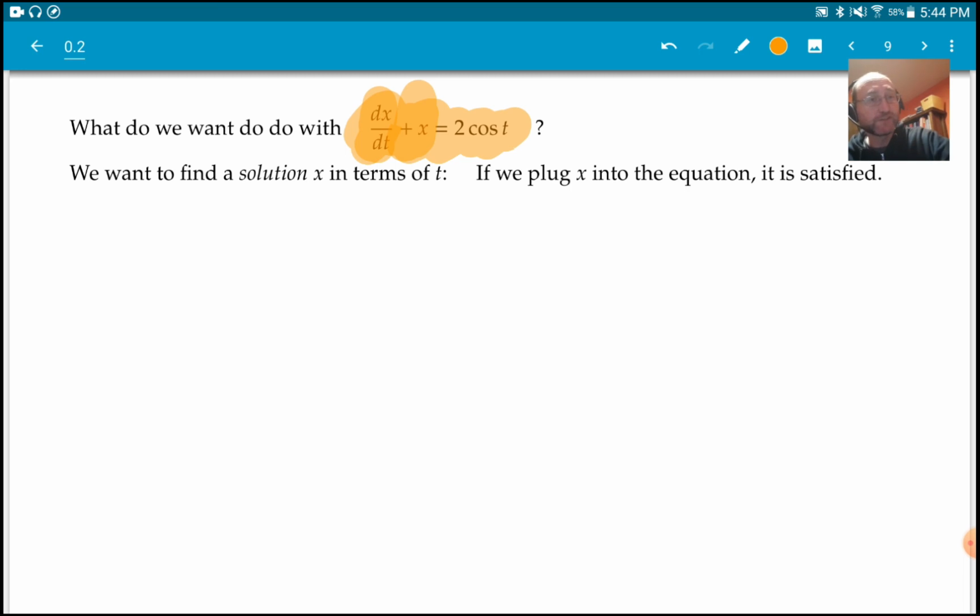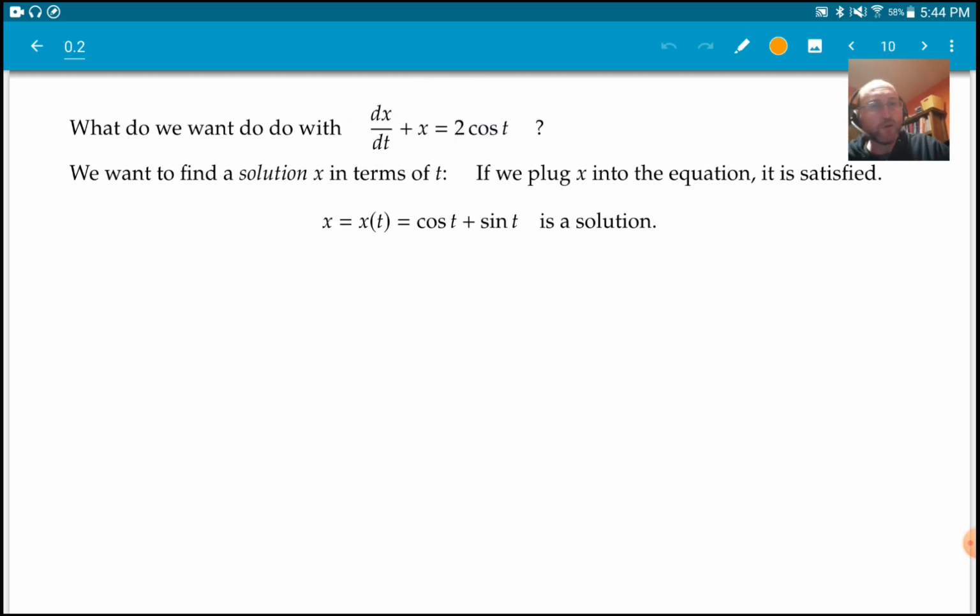That's what a solution is. It's something that satisfies the equation. A vast majority of this course will be basically how we find the solution. It's not so easy, but let's just suppose that we somehow knew it.